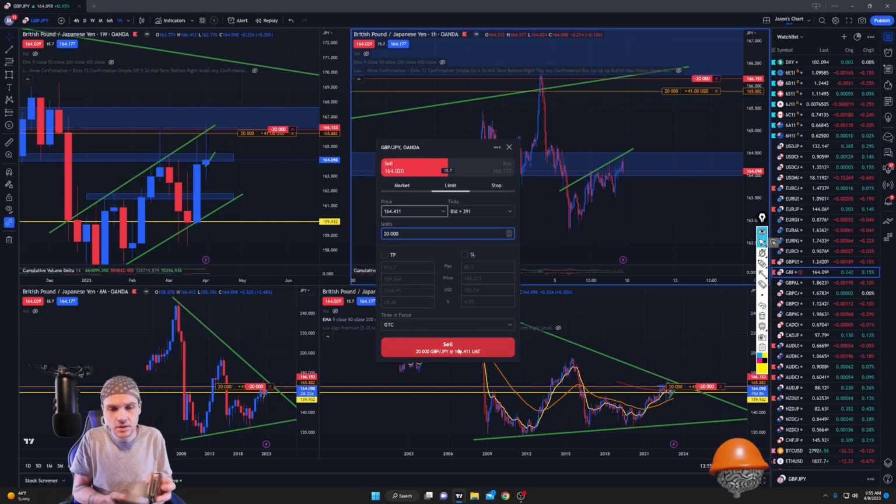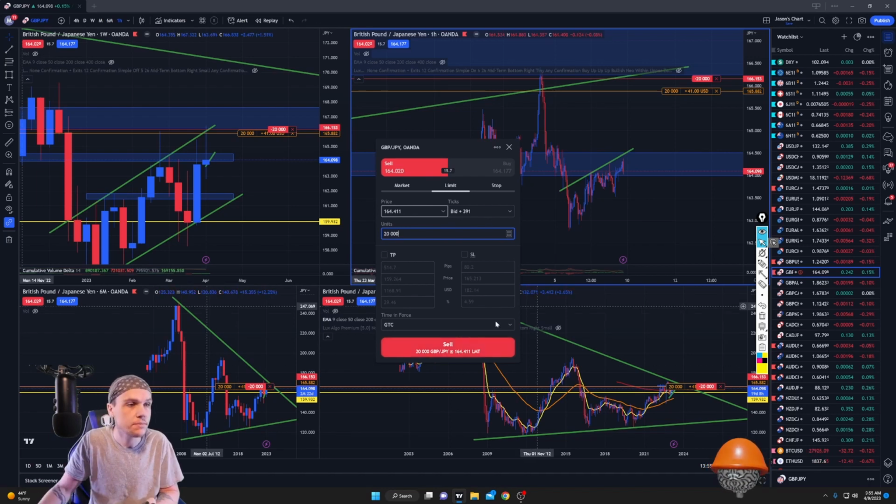20,000. This is the thing I don't like about this platform. If you go to the Oanda app, go to GBP JPY, and then click sell and put 20,000 units, it tells me that margin required is $1,242.